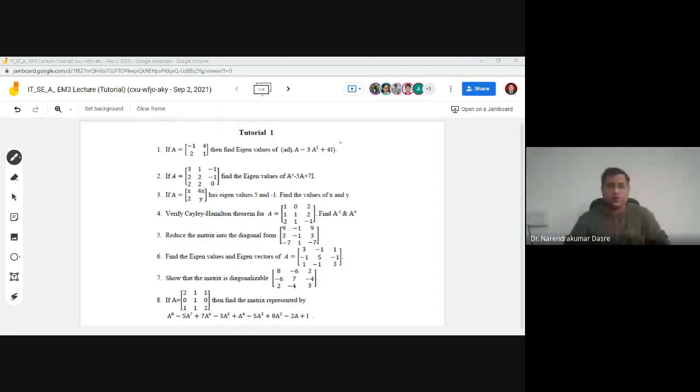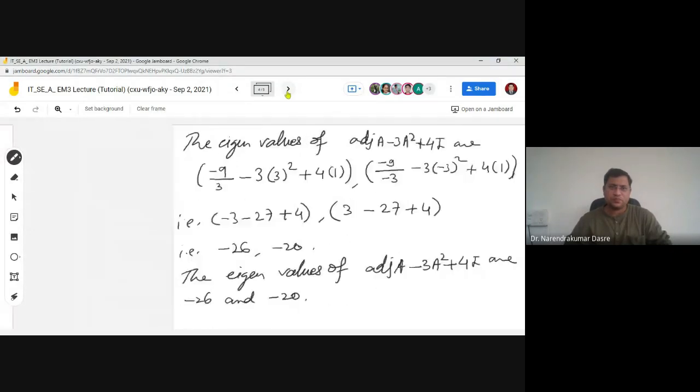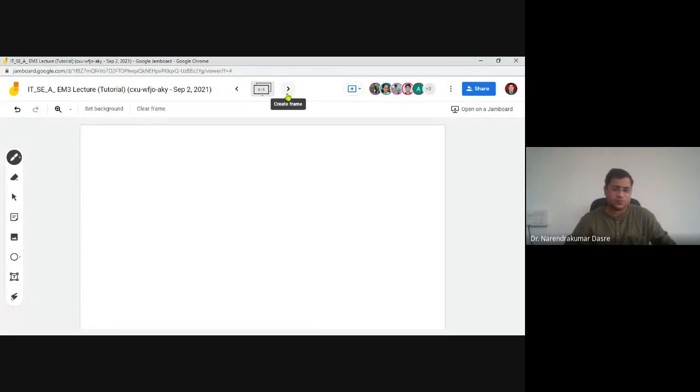So are you able to get the values of x and y? Any of you able to get the values of x and y? What do we have to do to get the values of x and y?